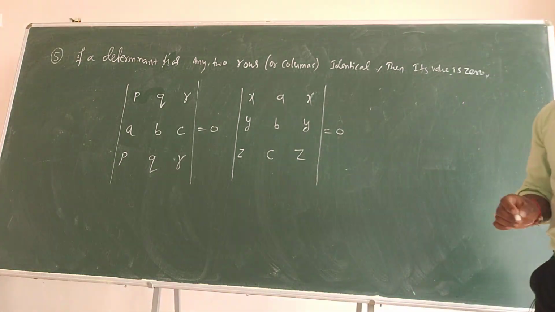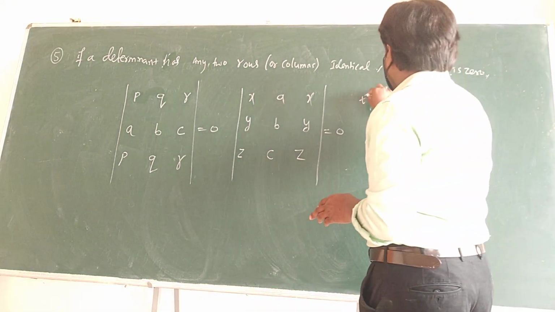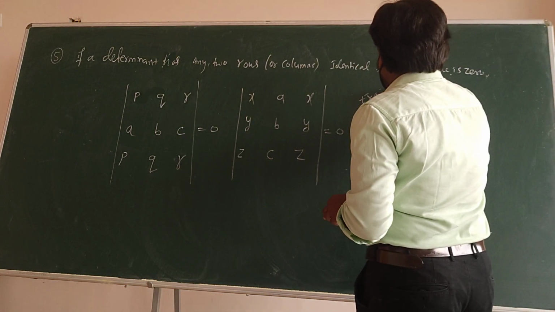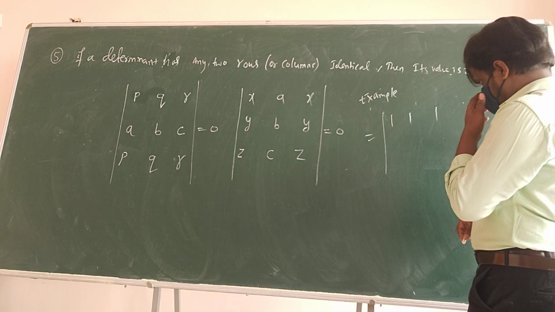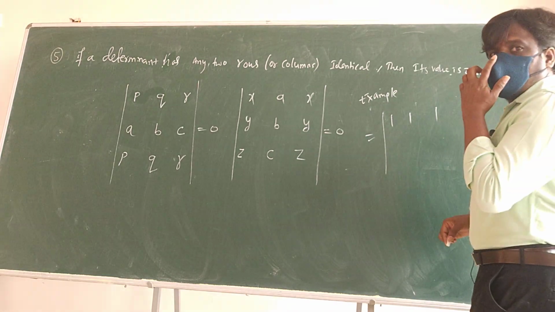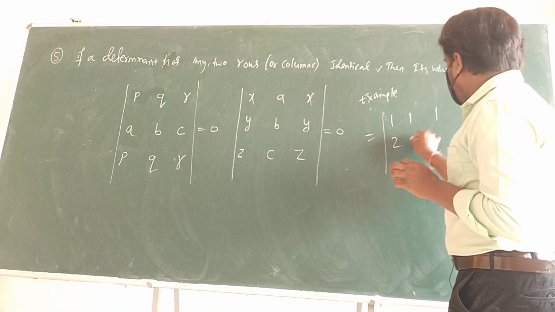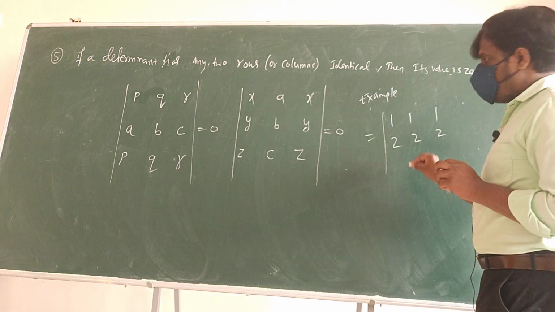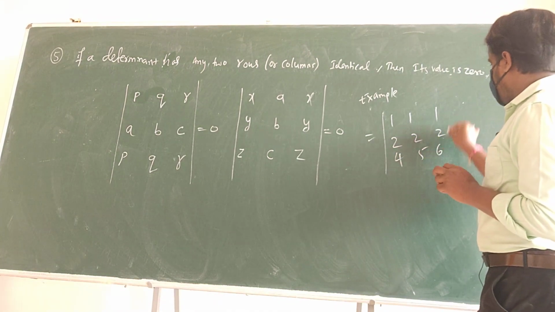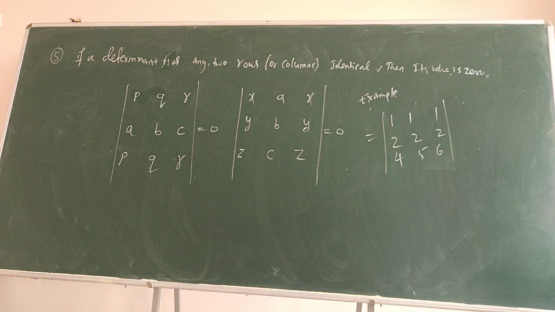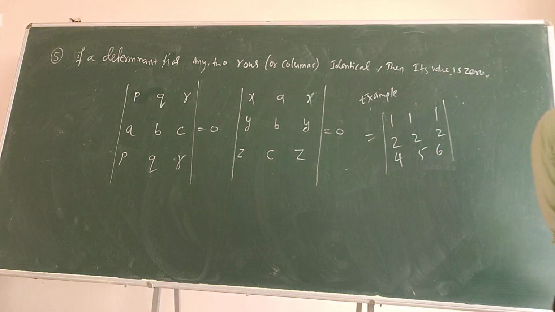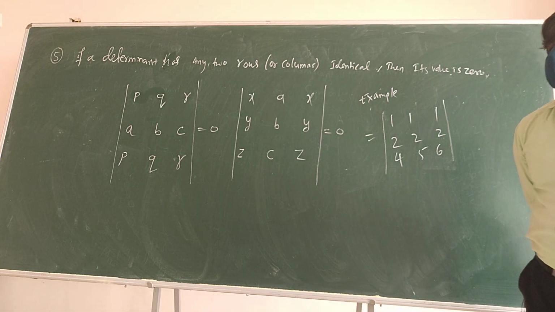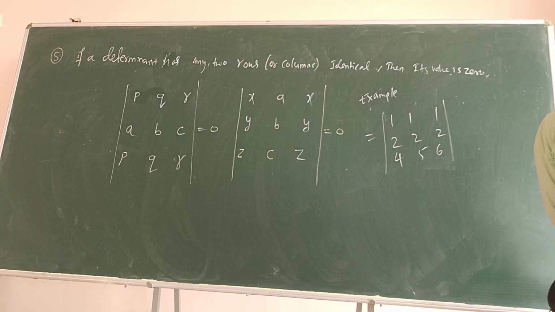For example, let us take one small example. So you have 1, 1, 1, 1, 1, 1, 2, 2, 2, 4, 5, 6. What will be this answer? 0 or not? Not 0? 0 only.